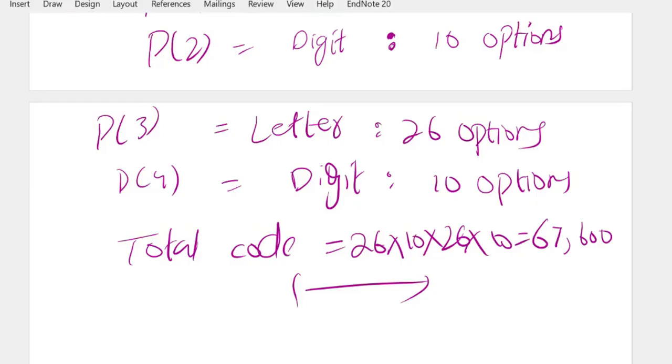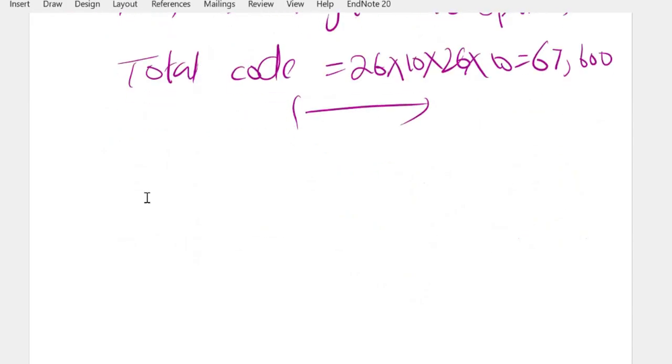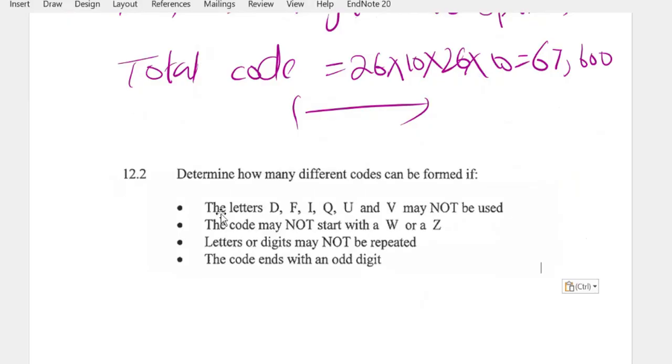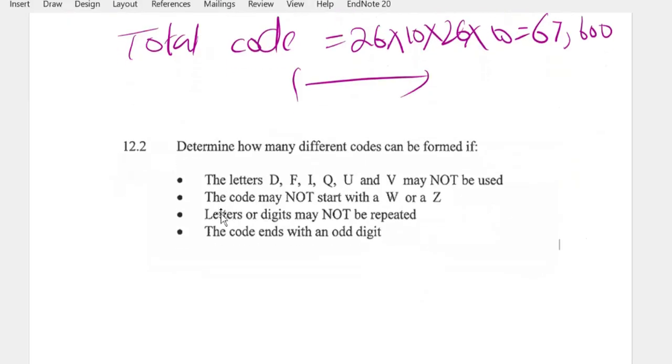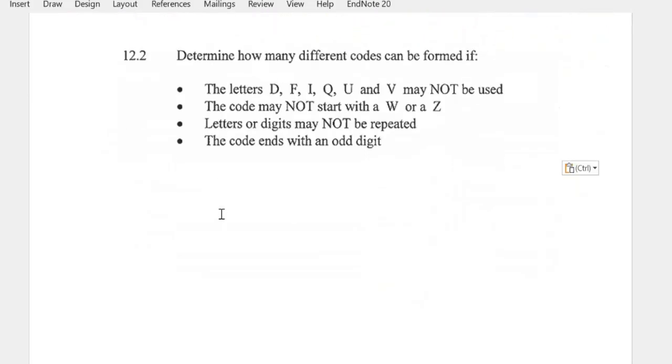Okay, so the next question is 12.2. Determine how many different codes can be formed if the letters D, F, I, Q, U, and V may not be used.